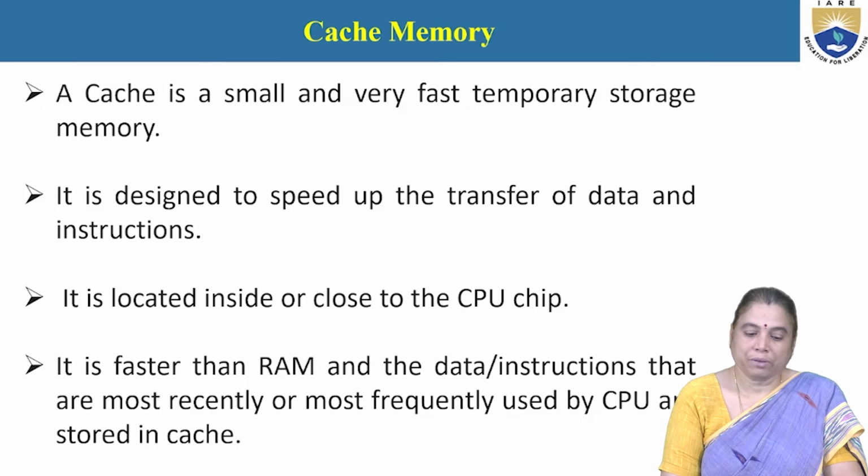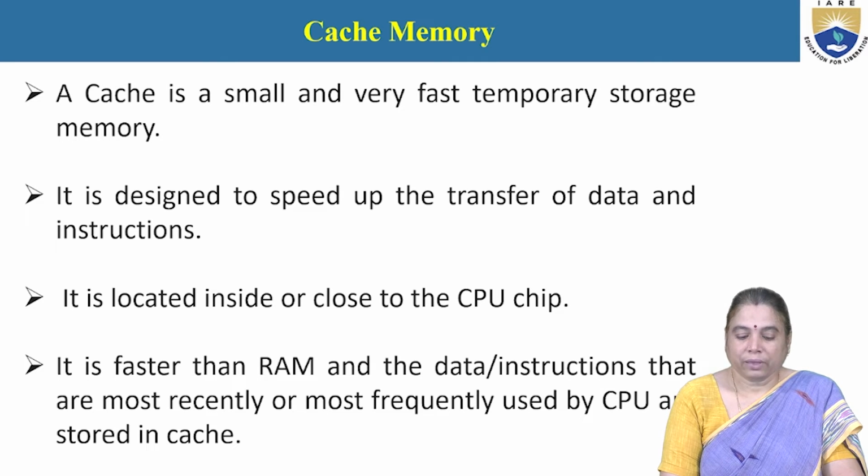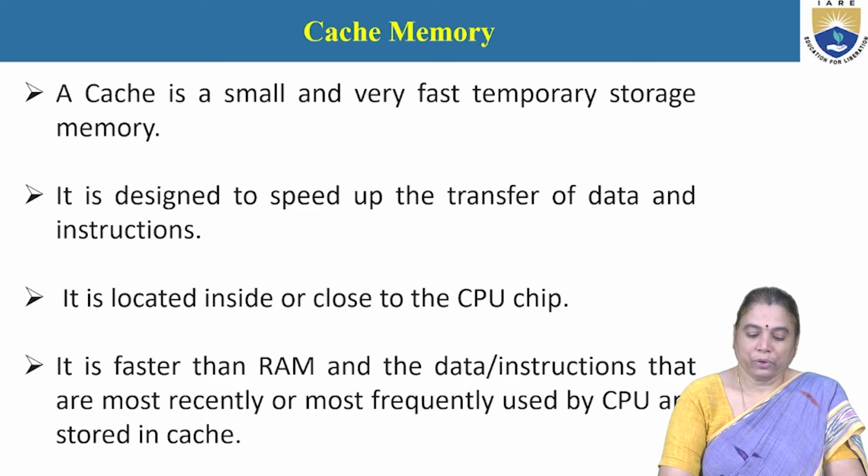It is designed to speed up the transfer of data and instructions. It is located inside or close to the CPU chip so that the speed of access can be high. It is faster than RAM.